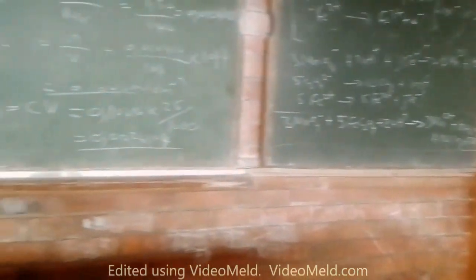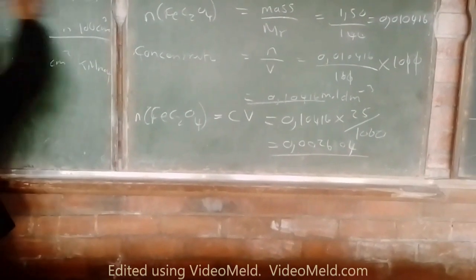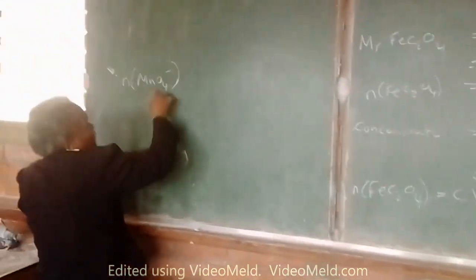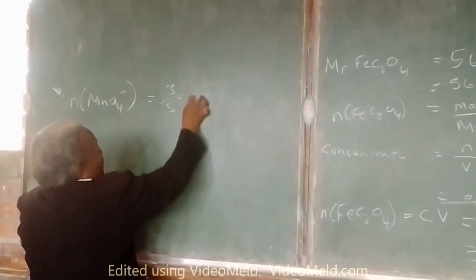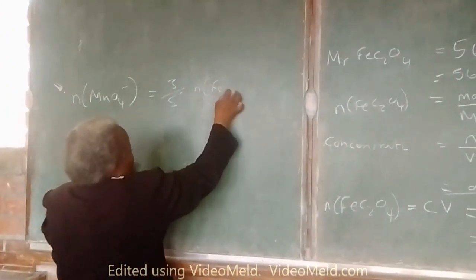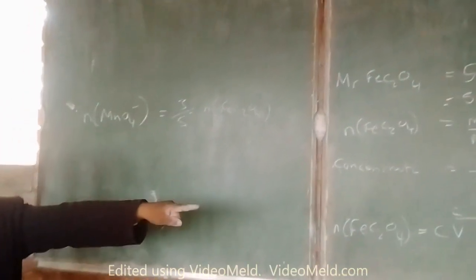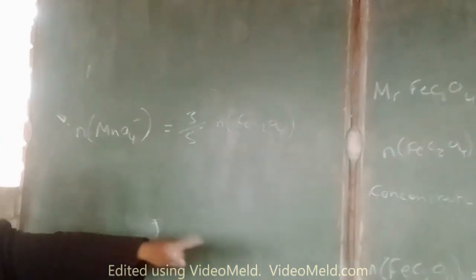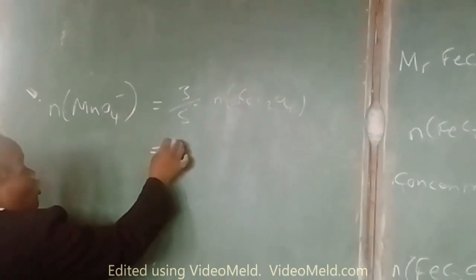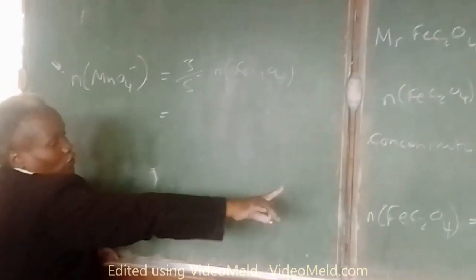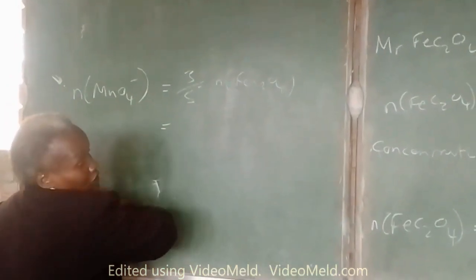So the number of moles of the permanganate, MnO4 minus, is going to equal 3/5 the number of moles of FeC2O4 according to our stoichiometric equation. Therefore, we multiply the number of moles of iron that we obtained by 3 and divide by 5.